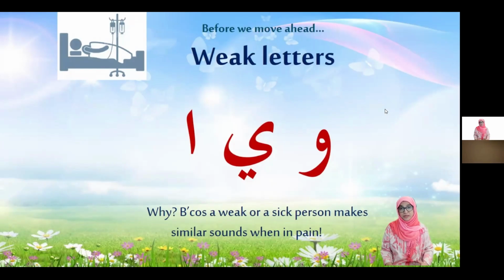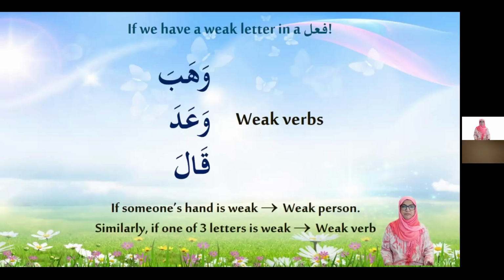When a person is sick, he is weak. In the same way, when these letters come in any word, that means that word is a weak word. Now, if we have a weak letter in fa'al, like wahaba, wa'ada, qala, you see waw, alif. When in any word these waw, alif, and ya occur, that means it is a weak verb.